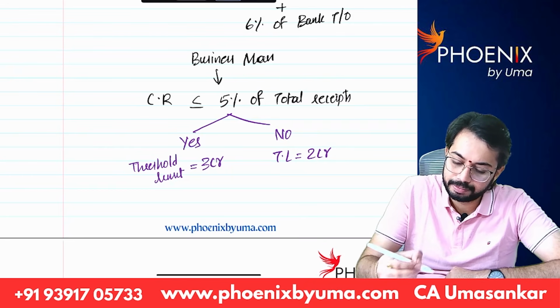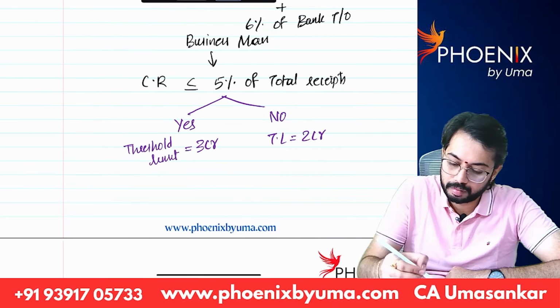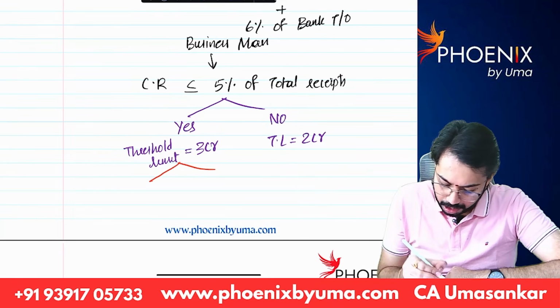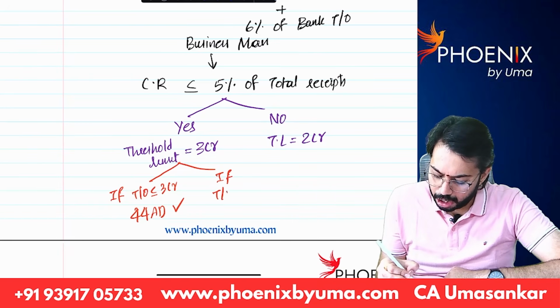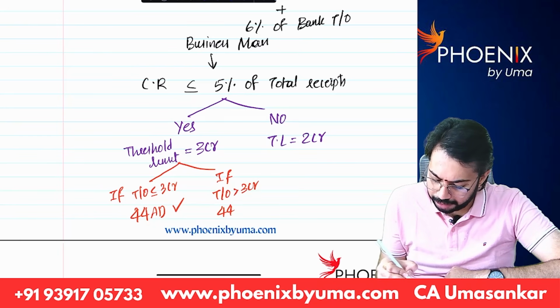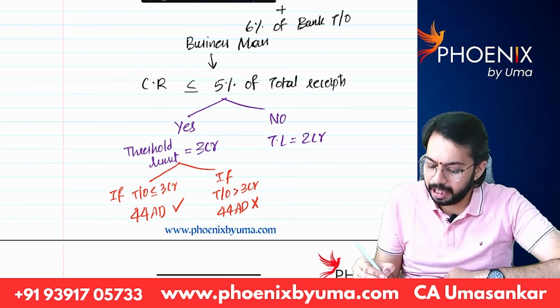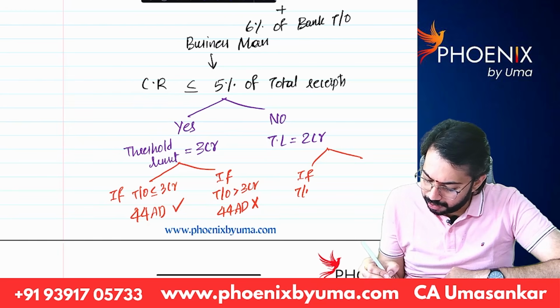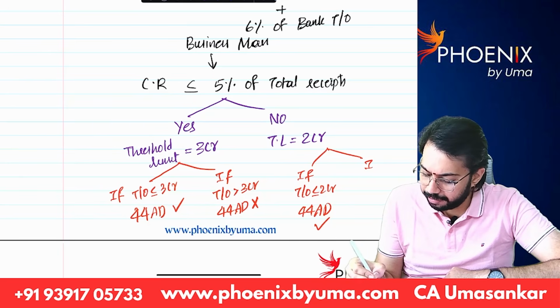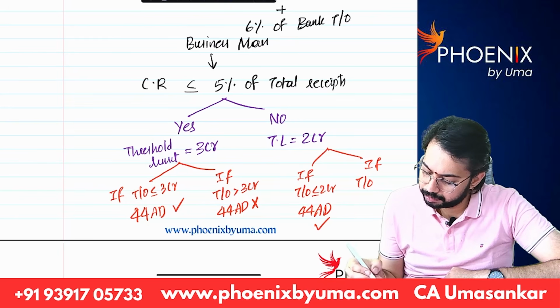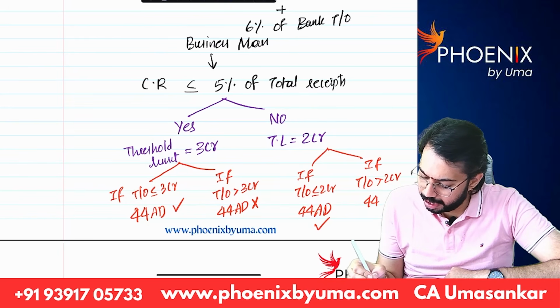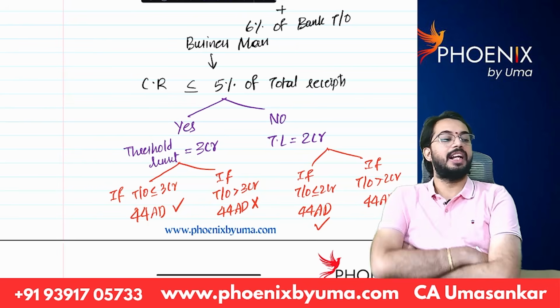That means if turnover is less than or equal to 3 crores, 44AD can be chosen. If turnover is more than 3 crores, then 44AD cannot be. Here, if turnover is less than or equal to 2 crores, then 44AD can be chosen. If turnover is more than 2 crores, then 44AD cannot be.